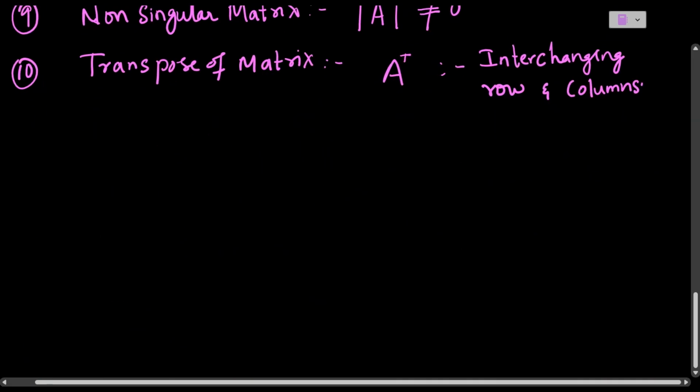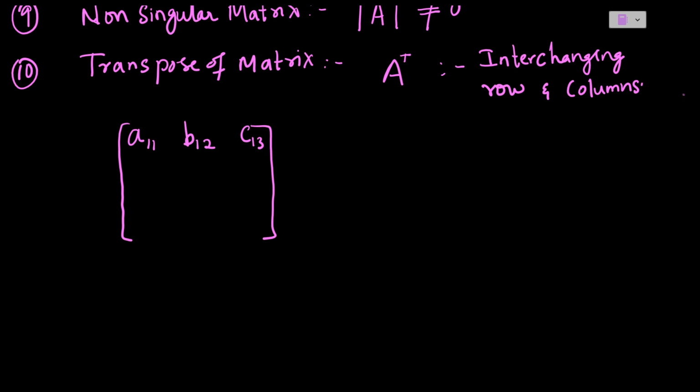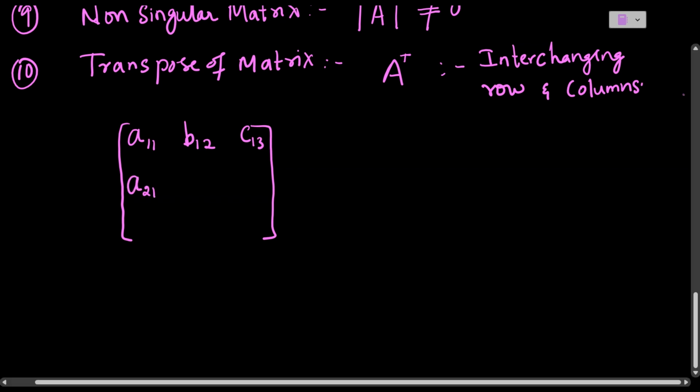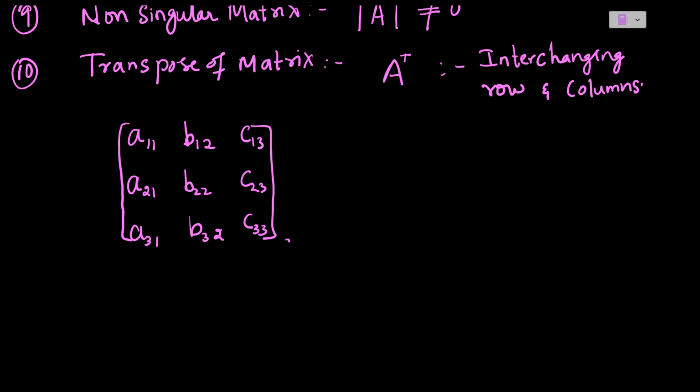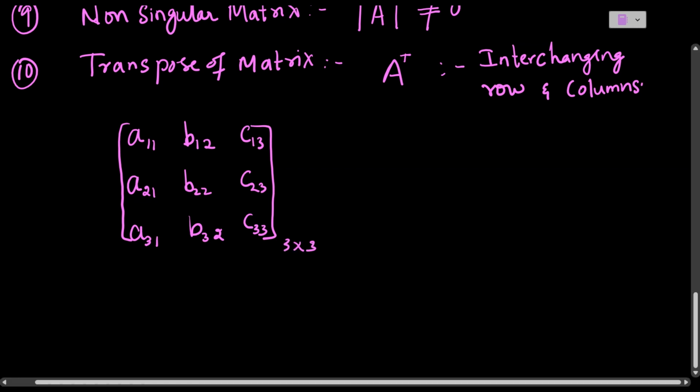So a matrix is nothing but we have a bracket and inside we will have a rectangular array: A11, B12, C13, A21, B22, C23, A31, B32, C33. This is a 3 by 3 matrix. Understood, students?